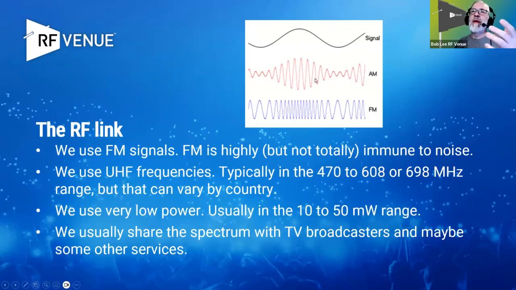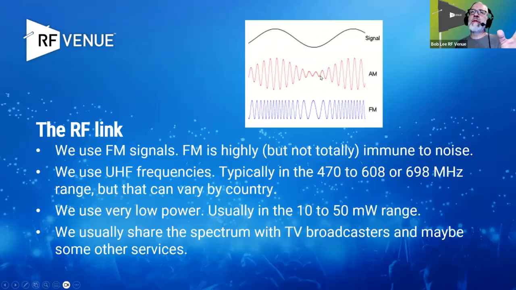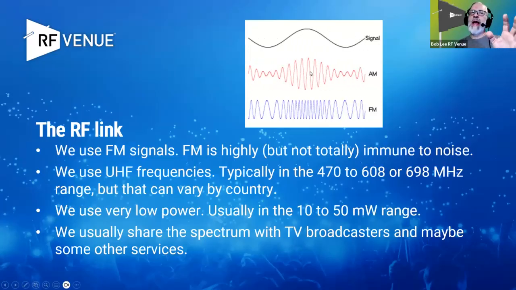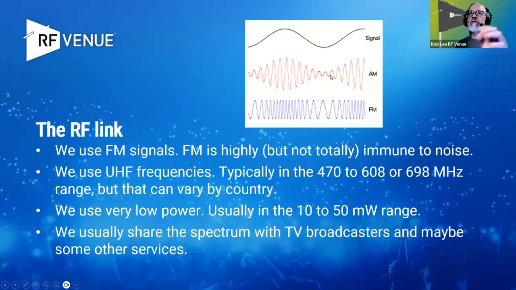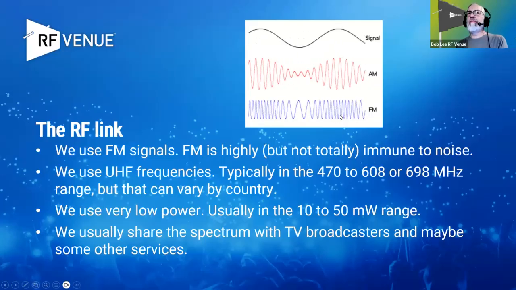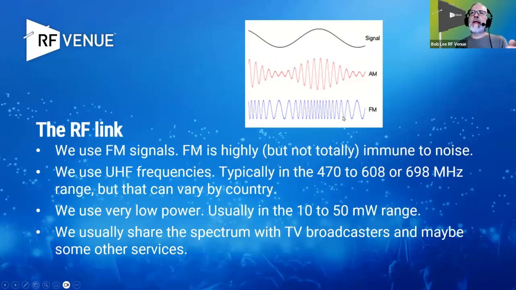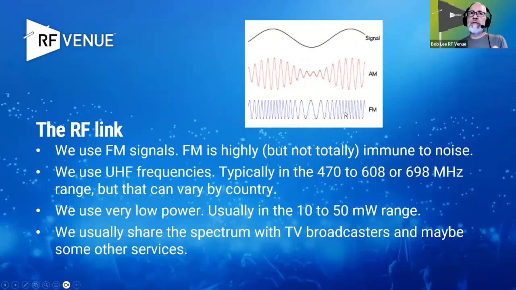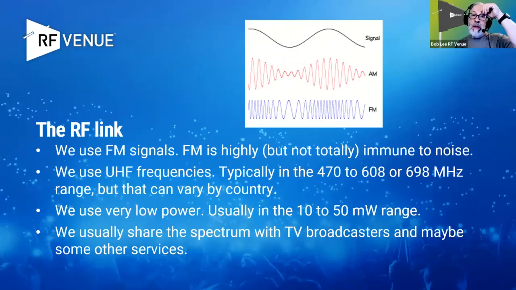We don't use AM with wireless audio because it's susceptible to noise, because anything that affects the envelope of this waveform is going to come out in the audio. We use FM, shown here on the bottom. The audio signal directly modulates the frequency of the carrier signal.